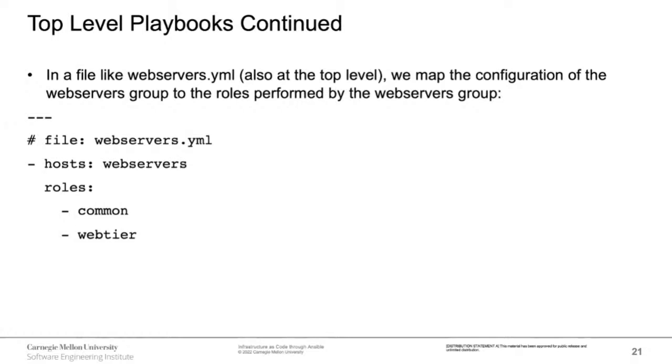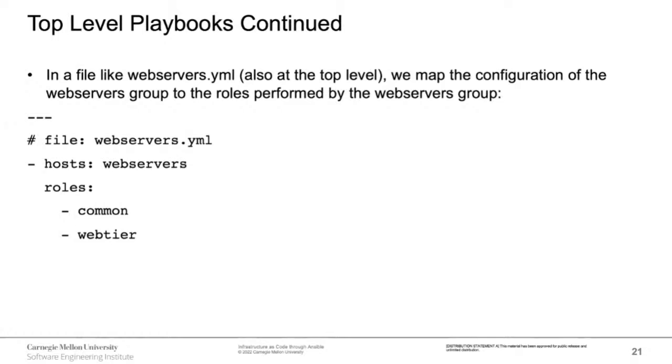In this case, the webservers.yml file has a hosts line, and this hosts line is pointing to the web servers group. That implies then that the inventory files at the top level also contain a web servers group, which have a list of nodes that we care about. And if you remember that example I showed you, there was a web servers group, which itself was a group of groups. And underneath that, we run two roles.